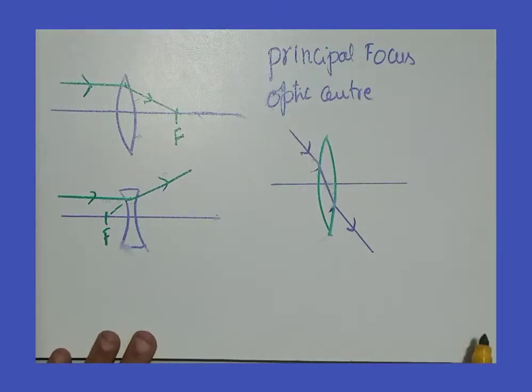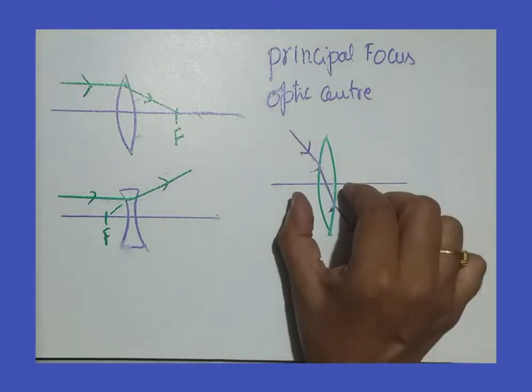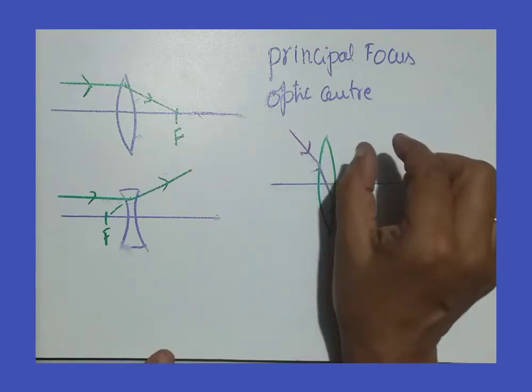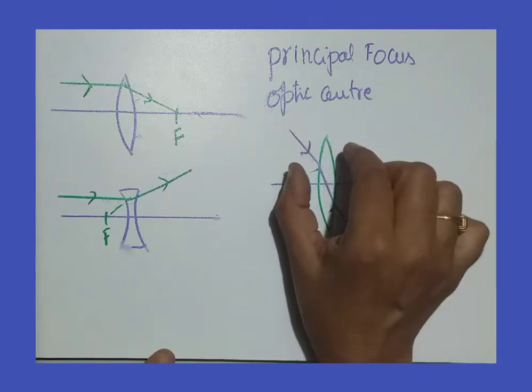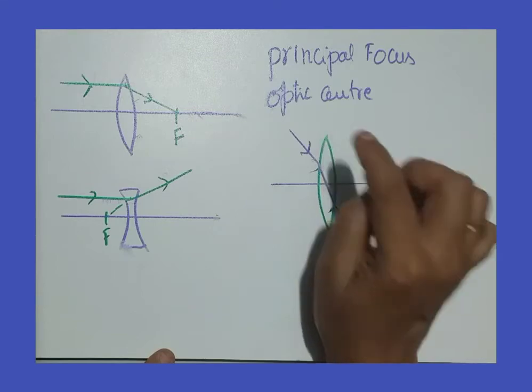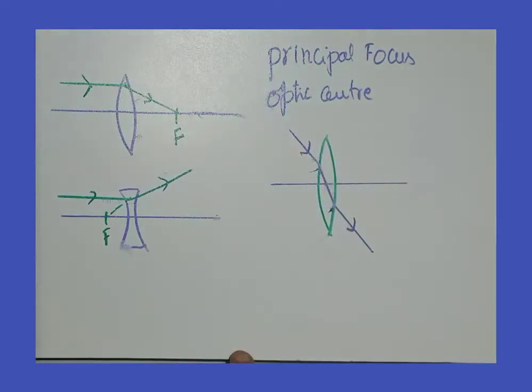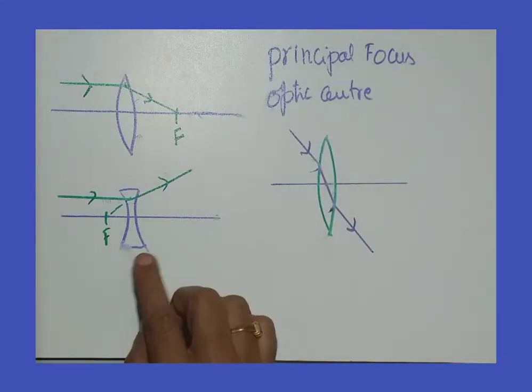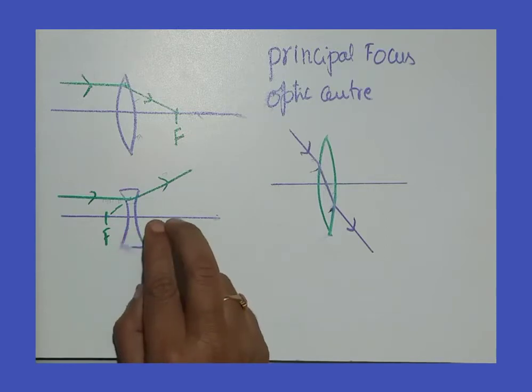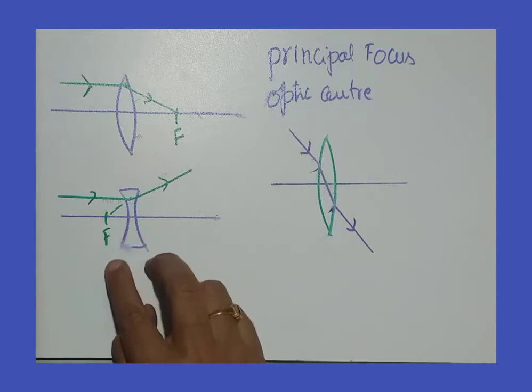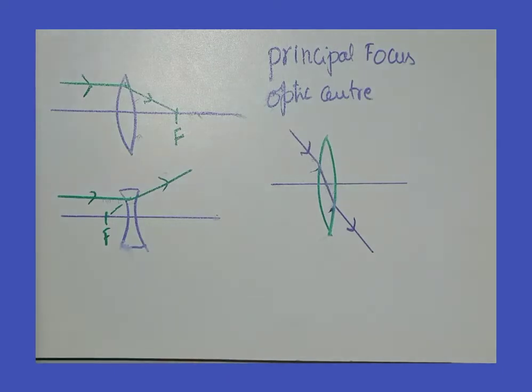If it is a thin lens, that means the thickness at the middle is not very much compared to the thickness at the edge. In case of convex lens, and in case of concave lens, the thickness at the middle does not differ very much from the thickness at the edges. In both cases, it is the comparison of the thickness. Then we call them thin lenses.